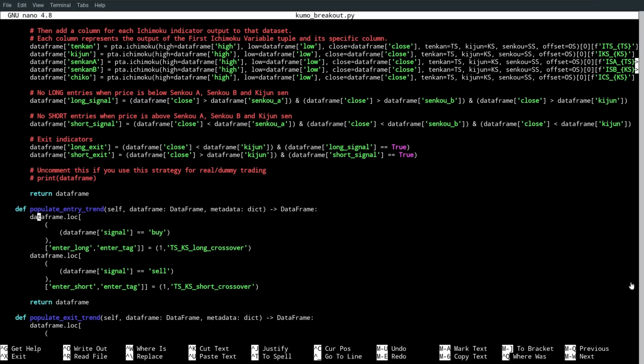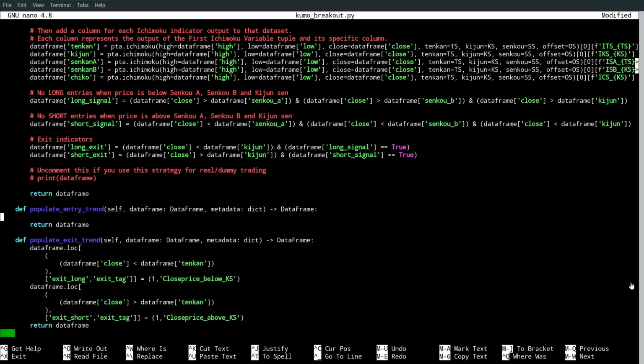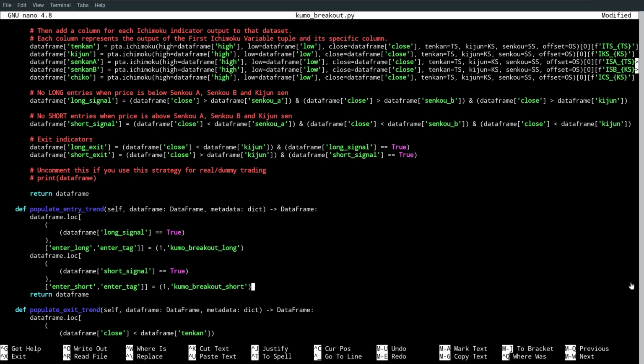And I will also adjust the long and short entry functions. So the old entry trend section will be adjusted so that it will enter a long trade when the long signal is true. And I'm also going to adjust the enter tag here. Also, I will adjust the enter short trade so that it will enter shorts when the signal is true, followed by an adjustment of the short enter tag.